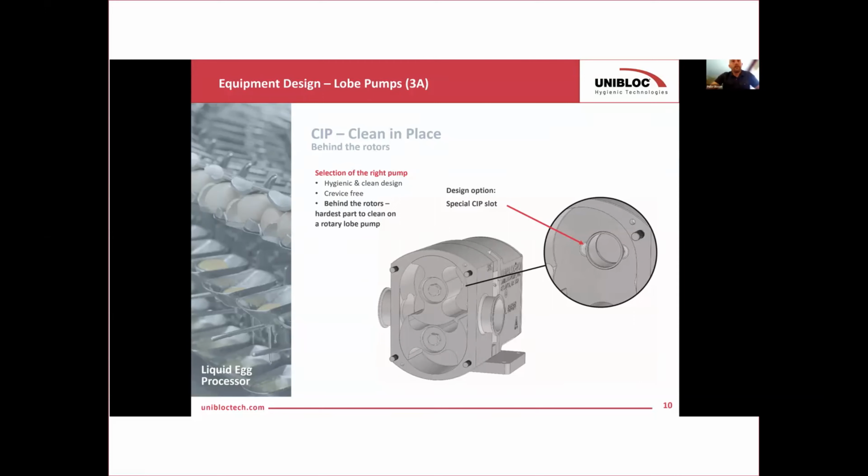So what we ended up doing here was to implement this additional feature with a CIP slot that allowed the CIP fluid to more easily access around the rotors. The end result is that for the first few runs after CIP, they removed the cover and the rotors. The USDA inspector looked at it two to three times.